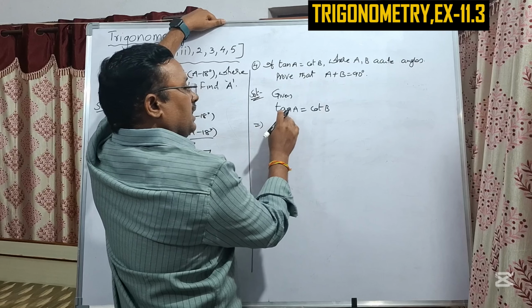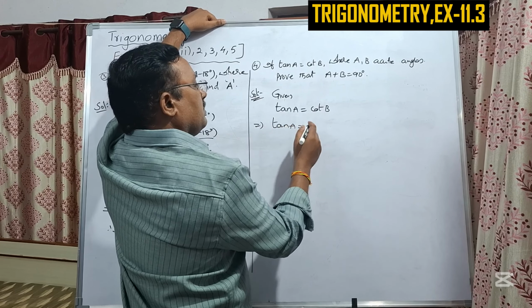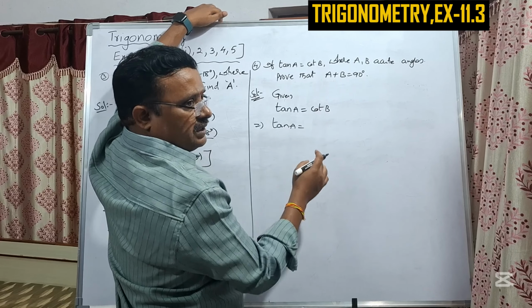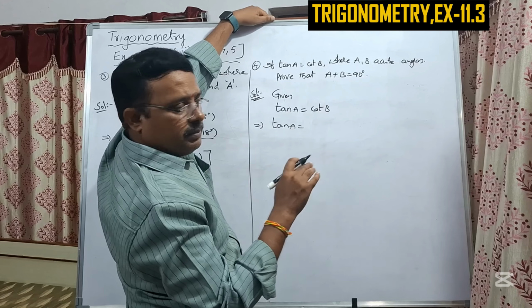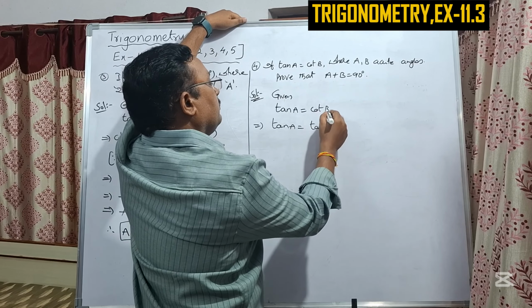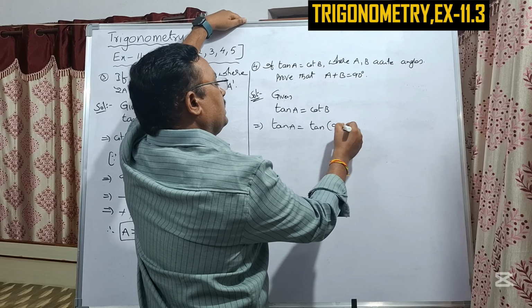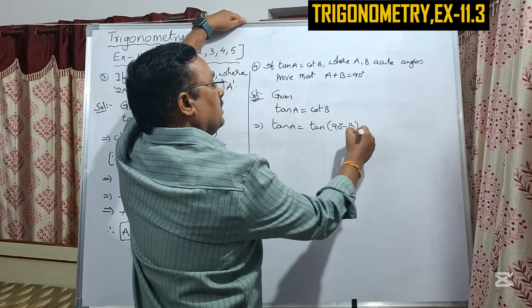This implies I want to keep tan A as it is, equal to, and this is going to be written in terms of tan using the complementary property, that is, the complementary function with its complementary angle, 90 minus theta. Theta means here it is B. Understood?